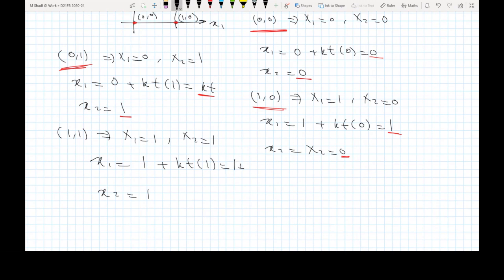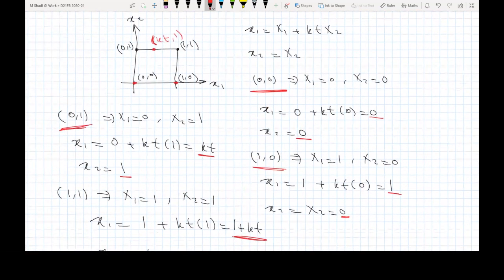So this is basically 1 added to kt, and this is equal to 1. So this is the new location for the last point. So the last point started at (1, 1), and then it moved to (1 + kt, 1). So in the vertical axis, it did not move at all. It just moved in the horizontal axis.